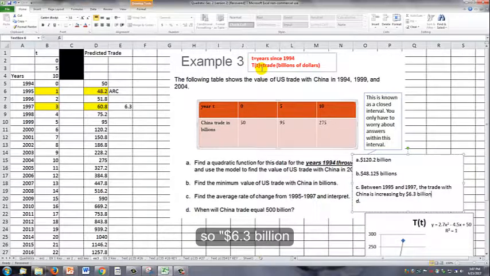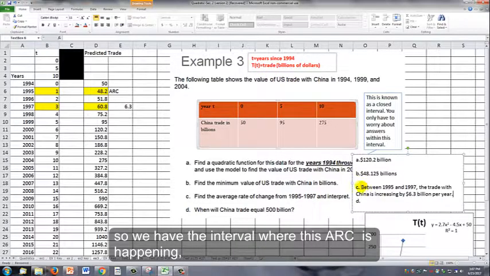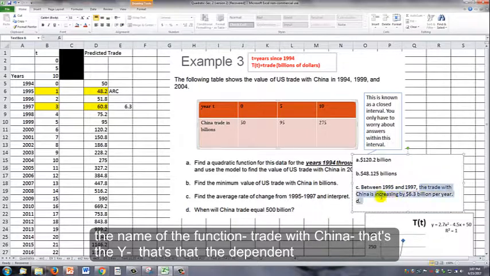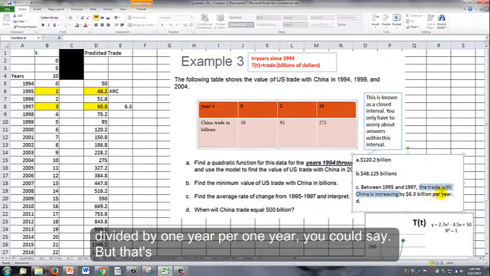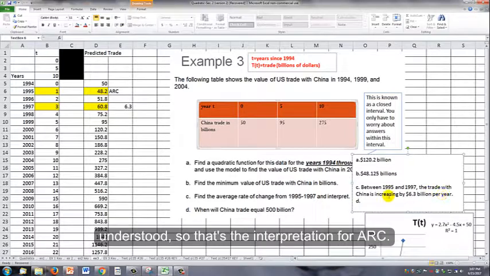So $6.3 billion per, and the x-coordinate unit is year. So we have the interval where this arc is happening, the name of the function, trade with China, that's the y, that's the name, the dependent. It's increasing by y, per means divided by, 6.3 divided by 1 year, per 1 year you could say, but that's understood. So that's the interpretation for arc.